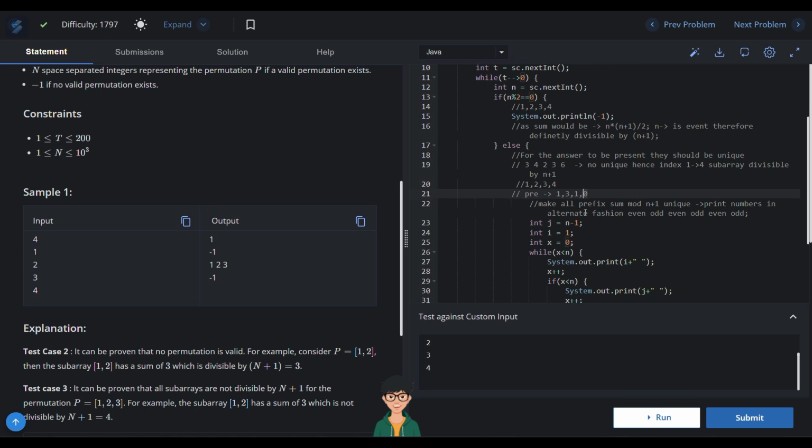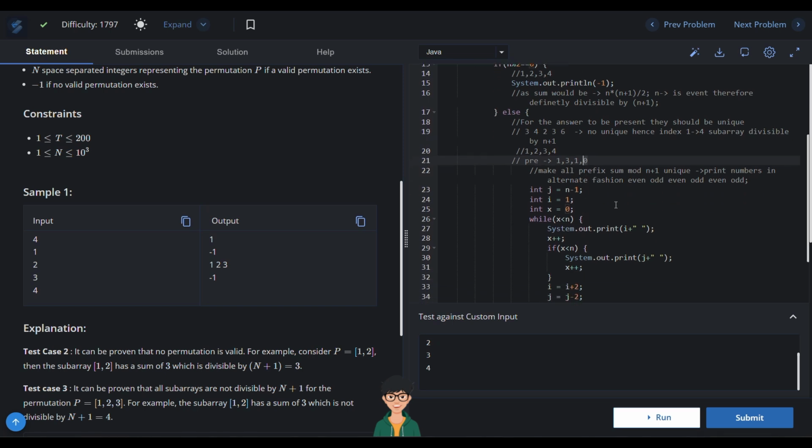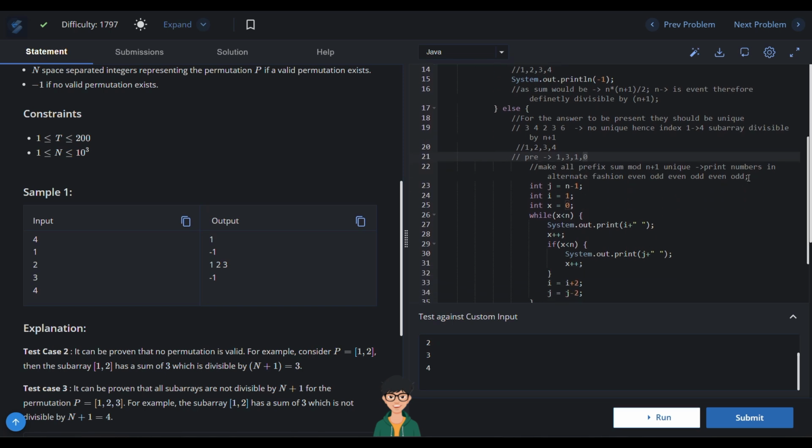So to make such a prefix sum array mod n plus 1, you have to place elements so that the array does not contain duplicates or any 0. For that, you can just print the numbers in even odd fashion.